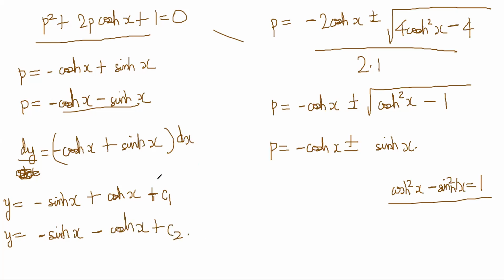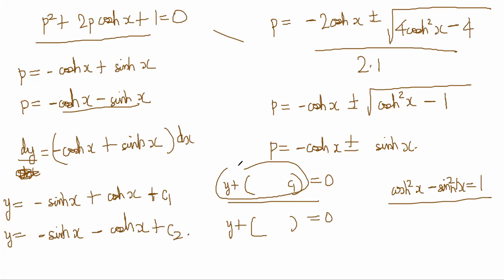So the overall solution for the equation would be y plus this thing plus c1 is 0, that is factor 1, and y plus this thing is 0, that is the second one. These are the factors, so you can multiply them and write this as the solution. Let's see what he has done.